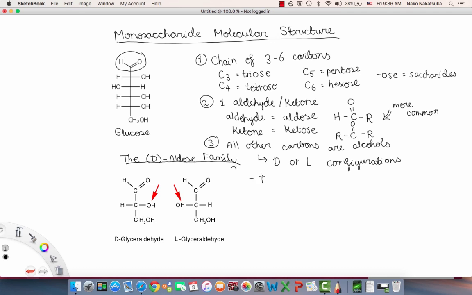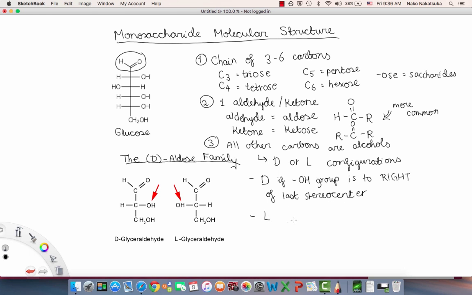It's called a D configuration if the OH group is to the right of the last stereocenter. This is why learning about stereochemistry was really important, because now you have rules like this that involve being able to tell where the stereocenter is.